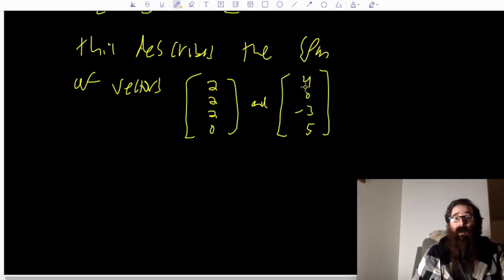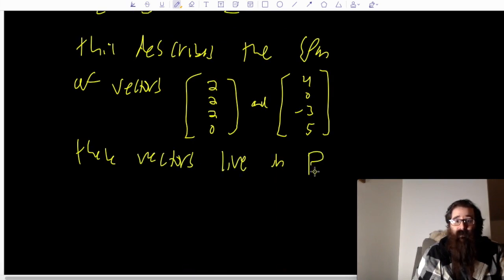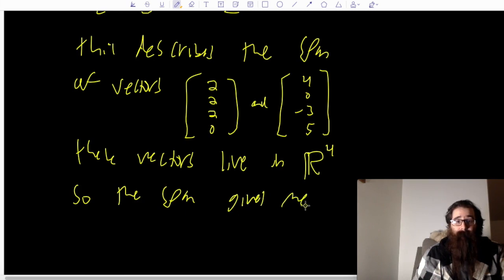They have 4 entries each, 1, 2, 3, 4, 1, 2, 3, 4. So let's say these vectors live in vector space R4. So the span gives me a subspace of R4.